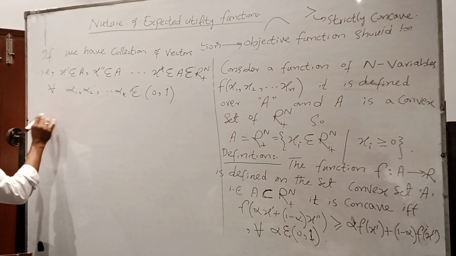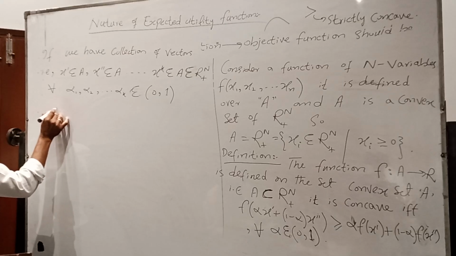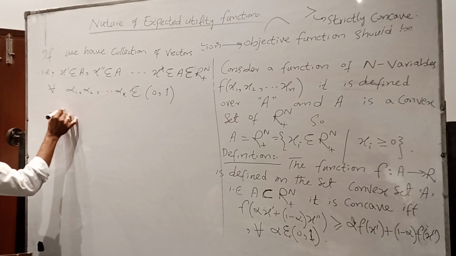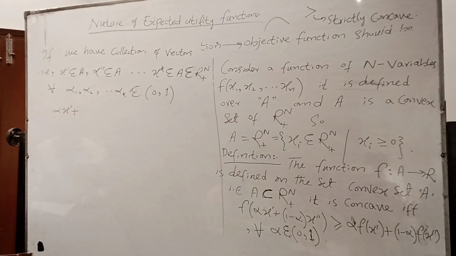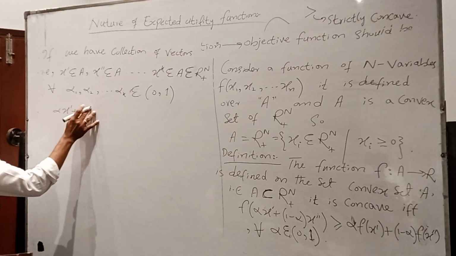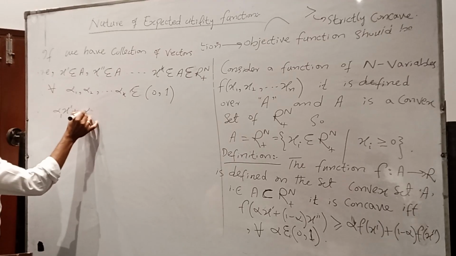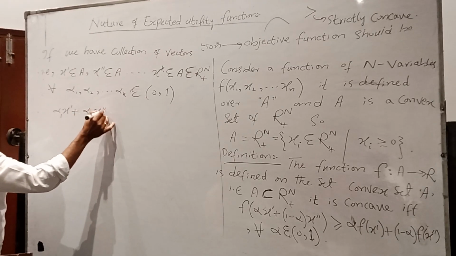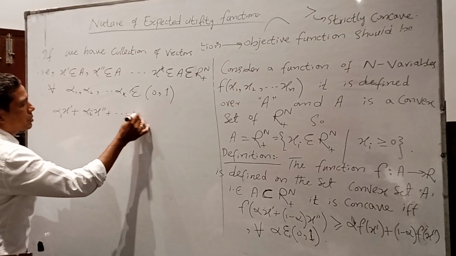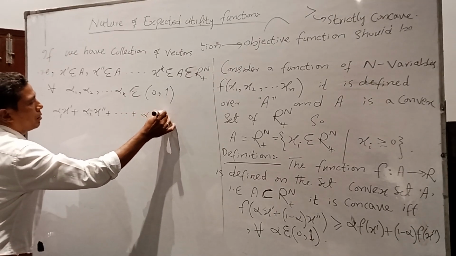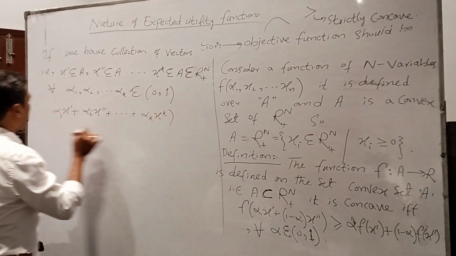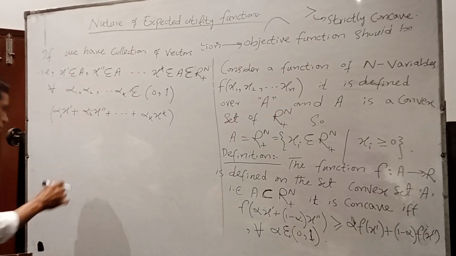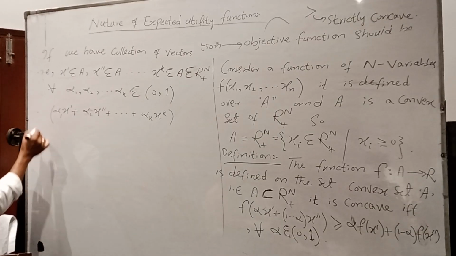So alpha 1 x1 plus alpha 2 x2 plus alpha k xk, functional value.